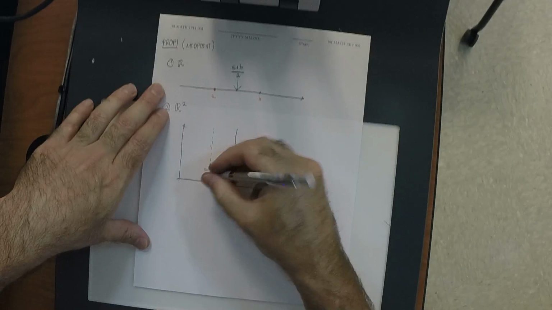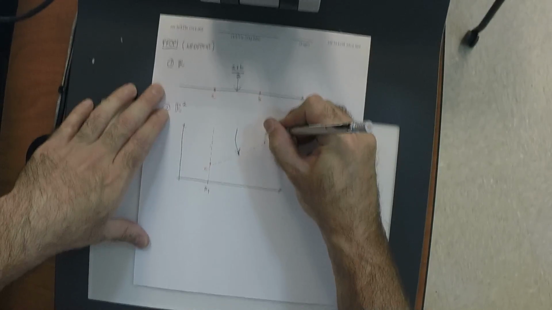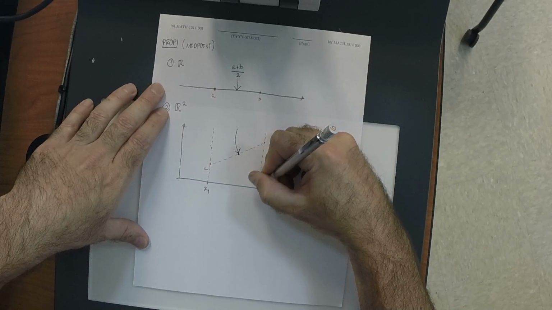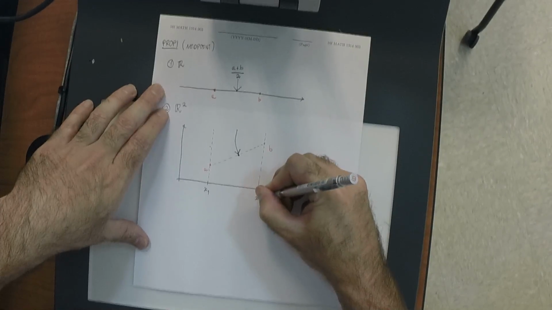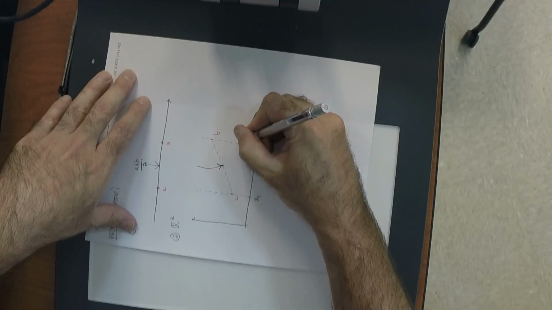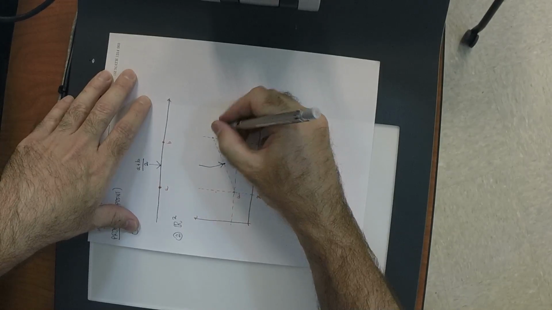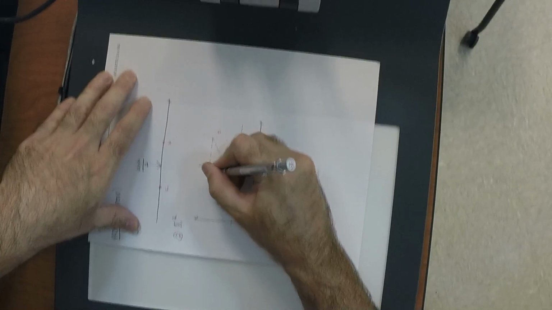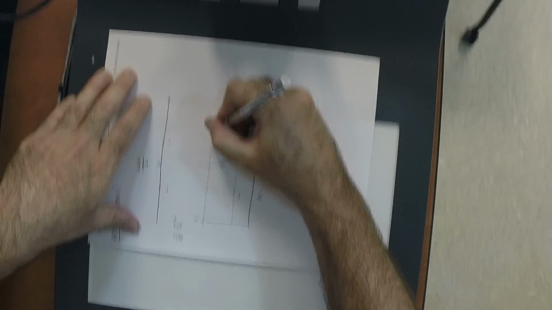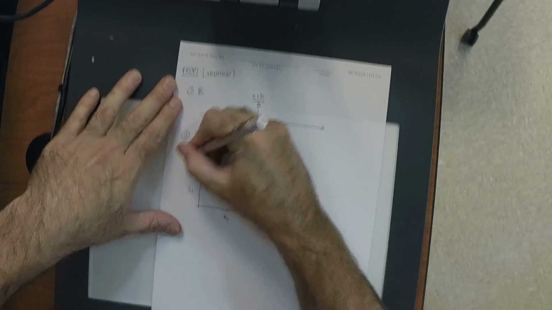So supposing that this is horizontally x1, and this one is horizontally x2, and vertically, this one is y1, and this one y2.